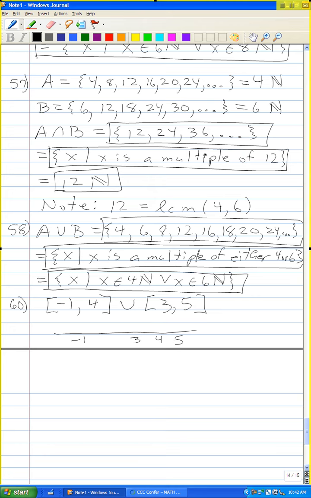I have the closed interval from -1 to 4, the closed interval from 3 to 5, and I want to find their union. Therefore, the union is just going to be the closed interval from -1 to 5.